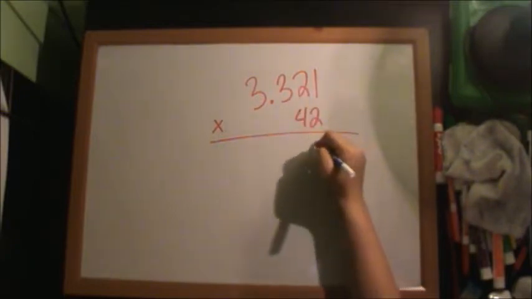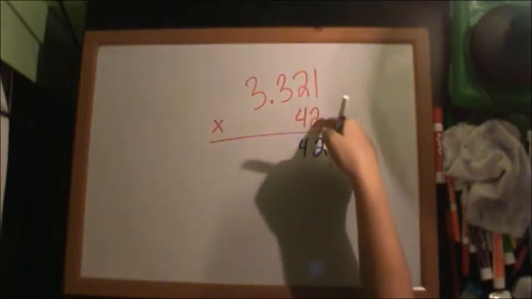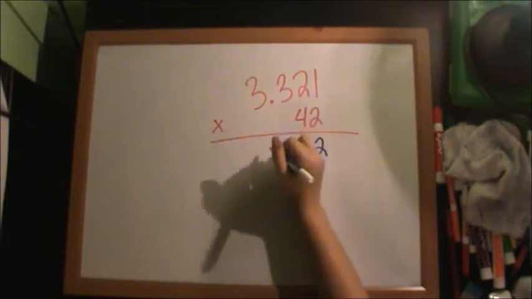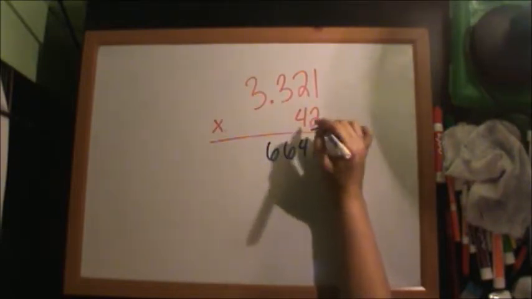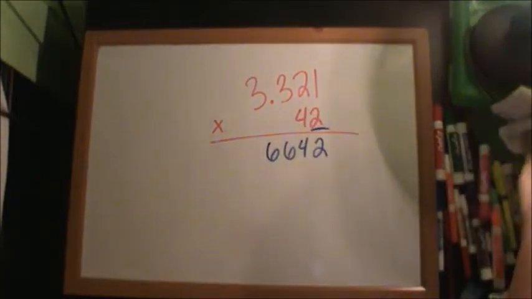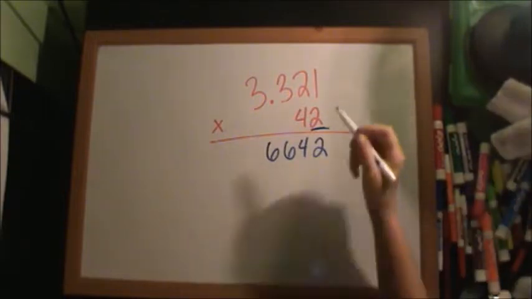So I have 2 times 1, that gives me 2. 2 times 2 gives me 4. 2 times 3 gives me 6. And 2 times 3 gives me 6 again. So I'm finished with my 2, and I'm going to move on to my 4. Sorry, I was looking for my purple marker.